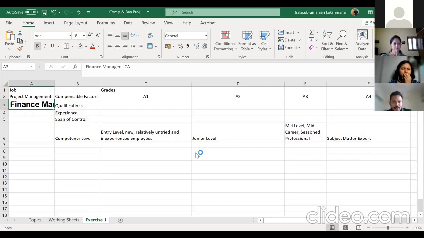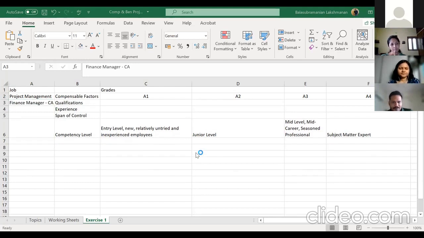I'll just copy paste all the job titles here first, so we can plan.